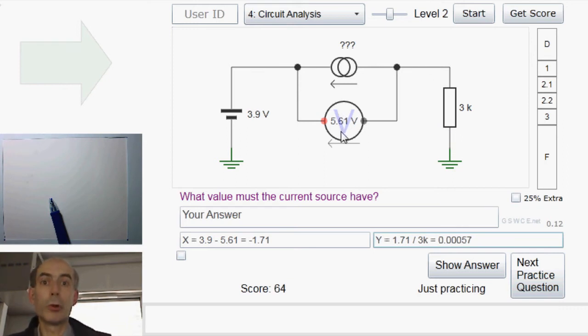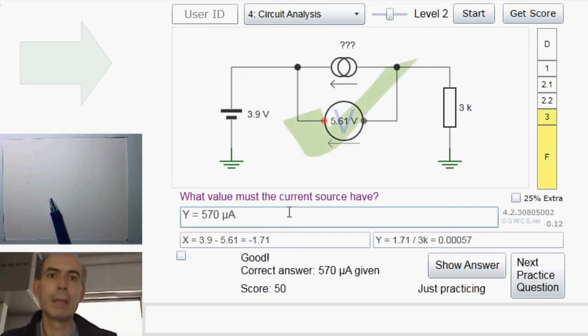Since an ideal voltmeter has an infinite impedance, no current flows through it, so all of that current must be flowing through the current source, which means that is the current that the current source must be set to. I can just set this to Y, which would be the same as saying 0.00057 or 570 microamps. Fine. Next.